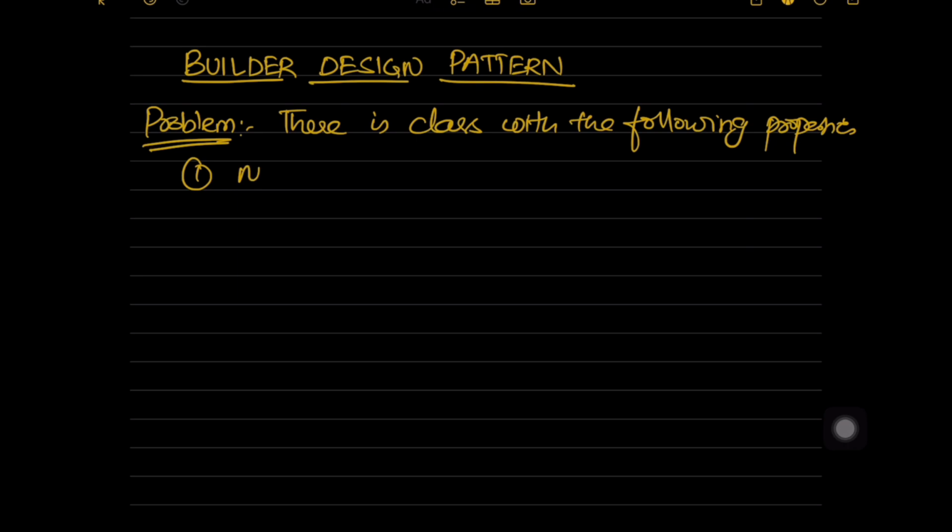One, multiple member variables. Multiple means there will be many, more than 5.